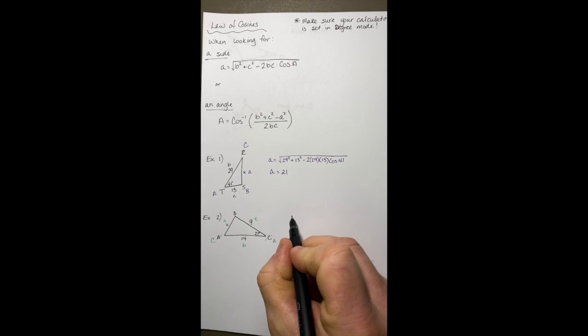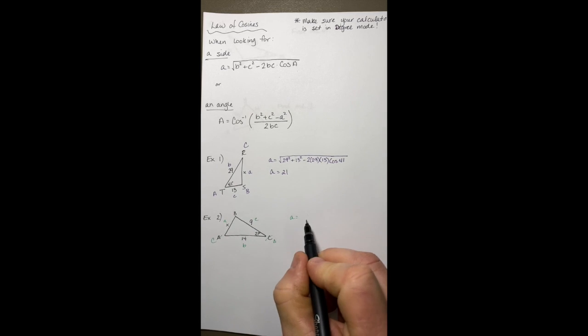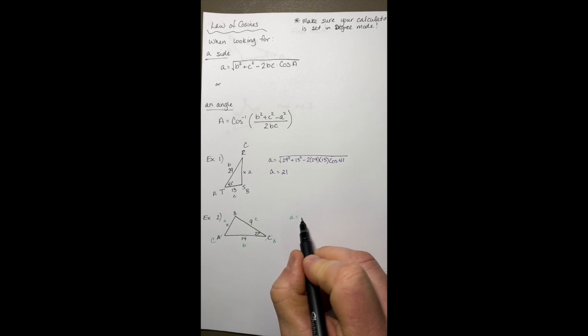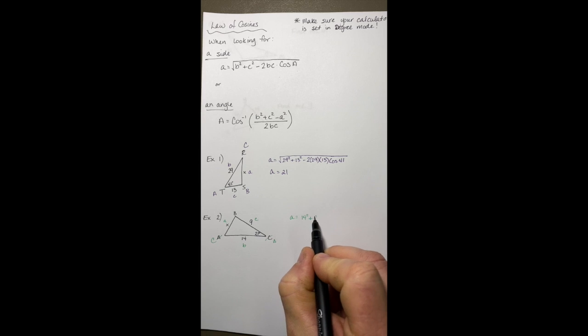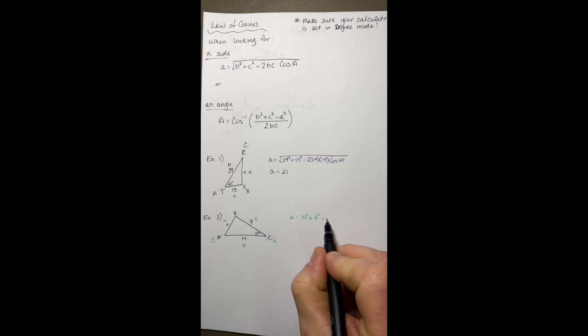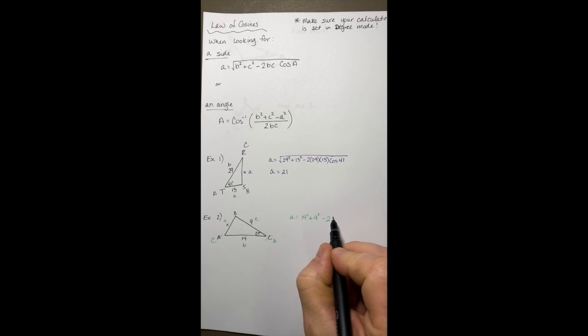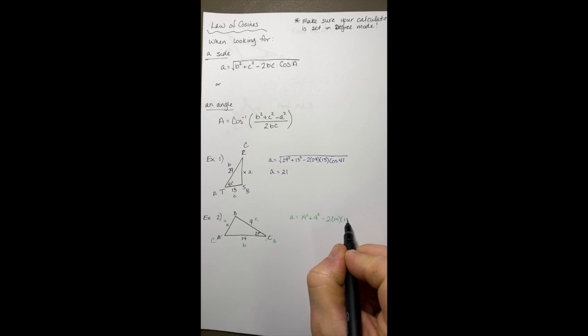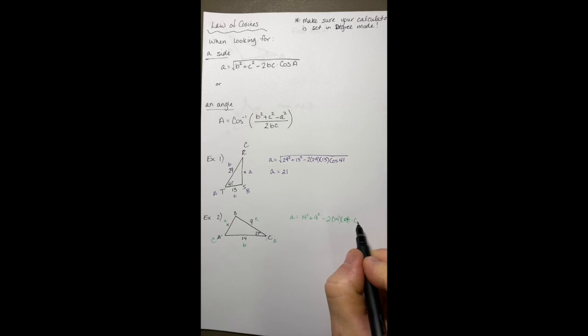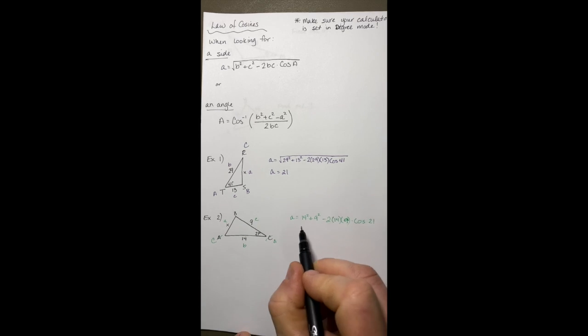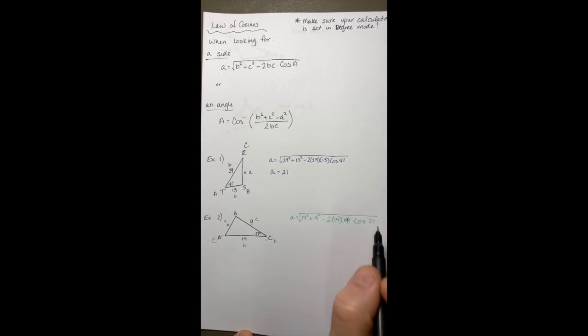So let's solve for our a. A equals b squared, which is 14 squared, plus c squared, minus 2bc. Oops, almost did the old problem. And then times cosine a, which is 21. And it's the square root of all of that.